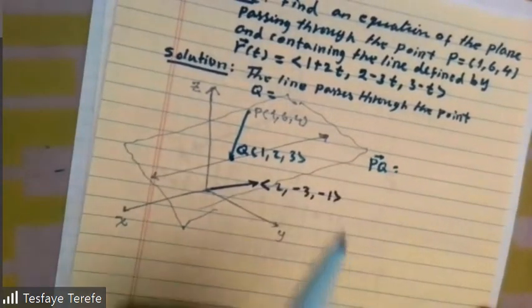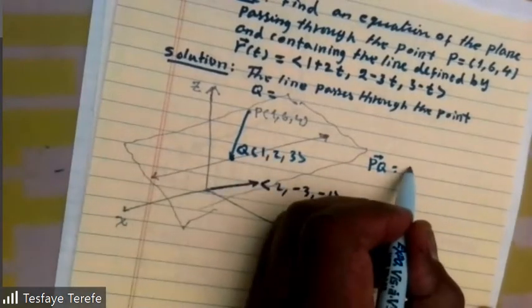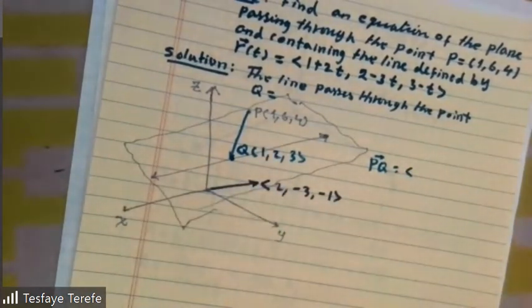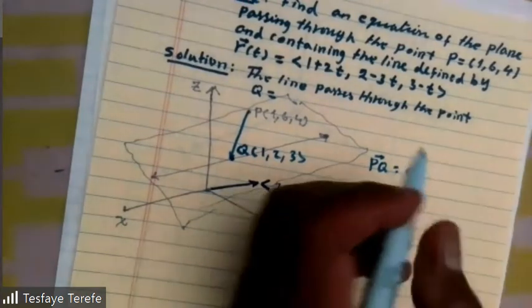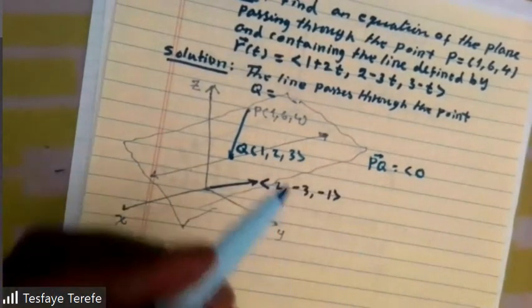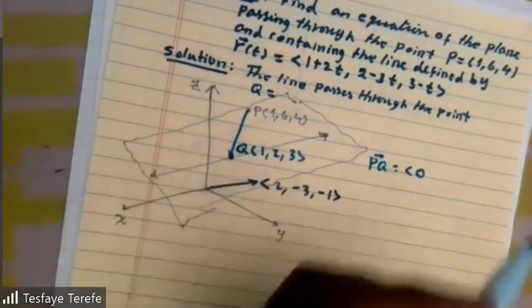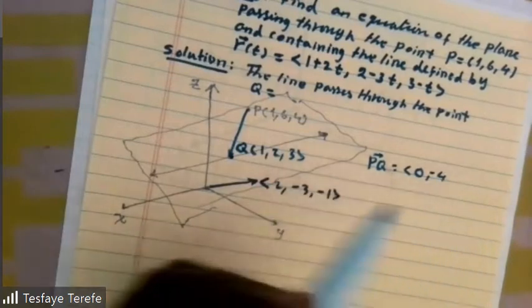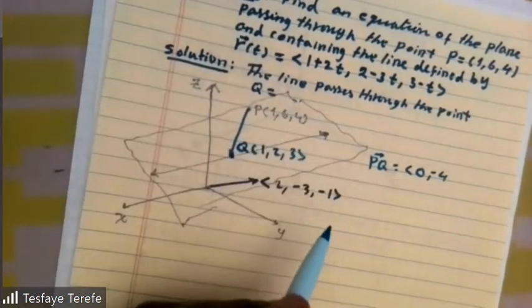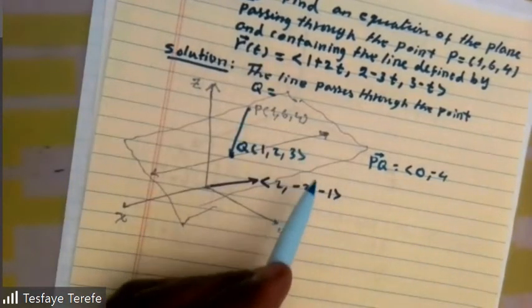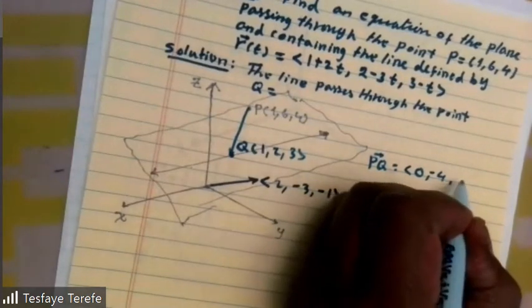Actually, from 1 you subtract 1, it is going to be 0. And then from 2 you subtract 6, it is -4. By the way, you can do it the other way around also. And from 4, you subtract 3, you get 1.